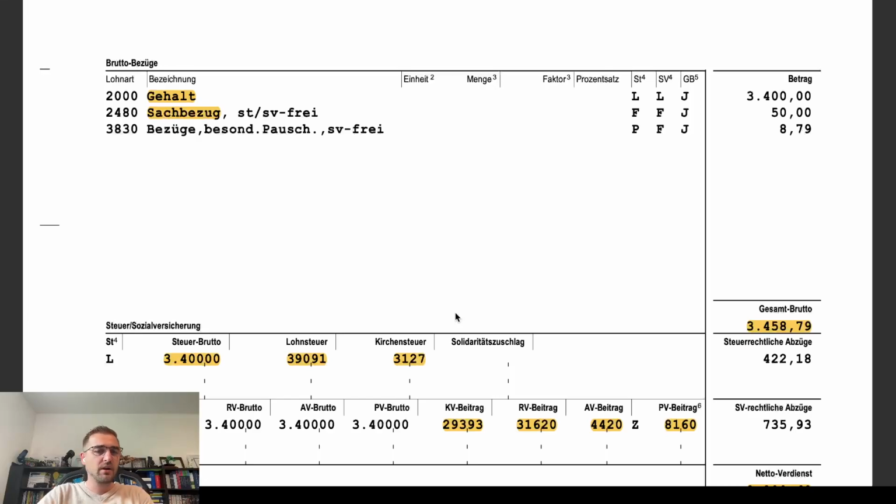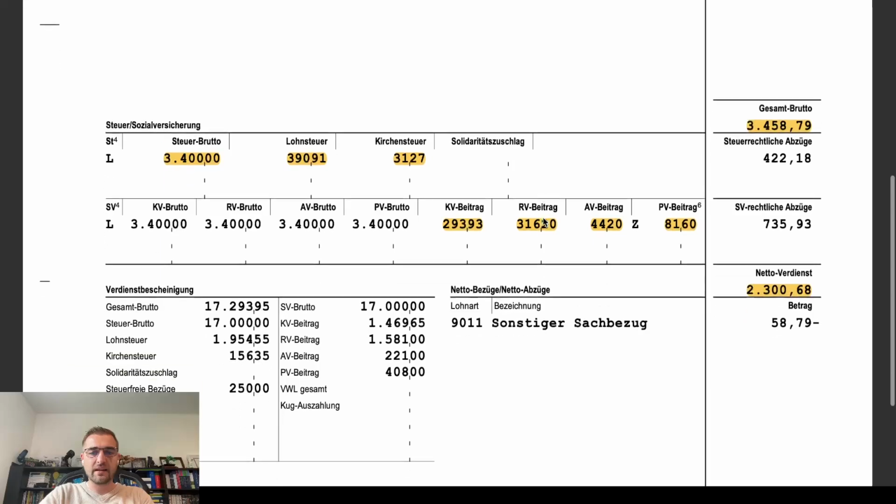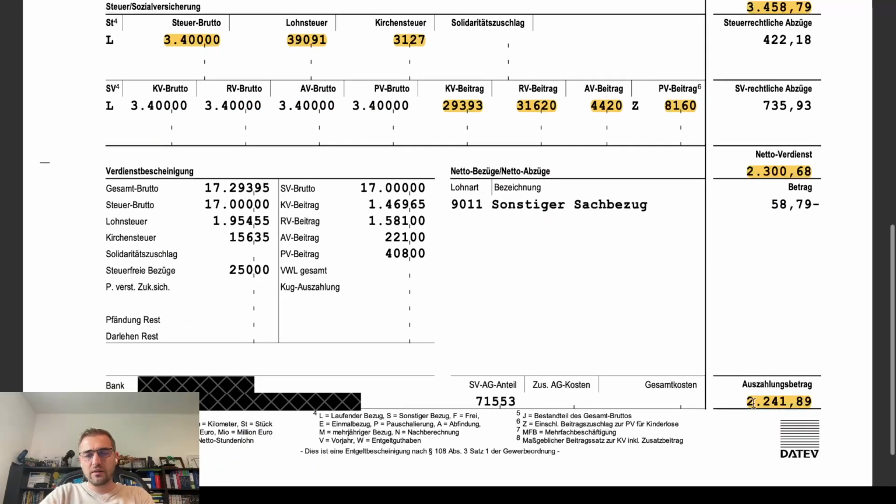But the tax class, we already talked about this, depends on your family status. If you have more deductions, and this is the specialty in Germany, for example, if we look at the net salary, you say, oh yeah, but I have some work expenses like driving to work, like education or something like this.